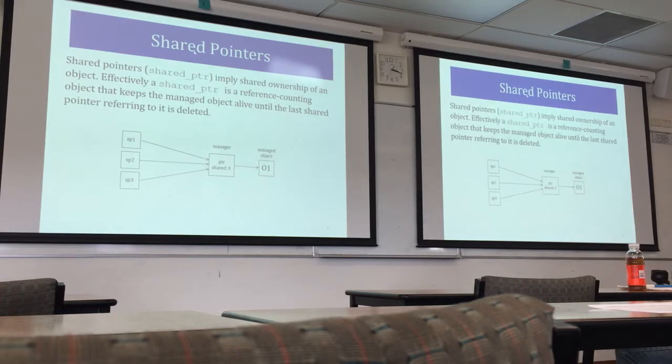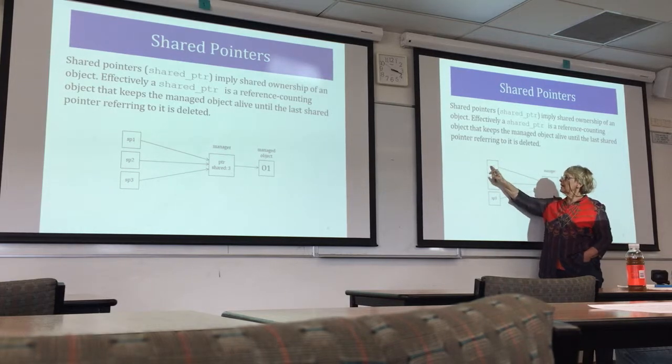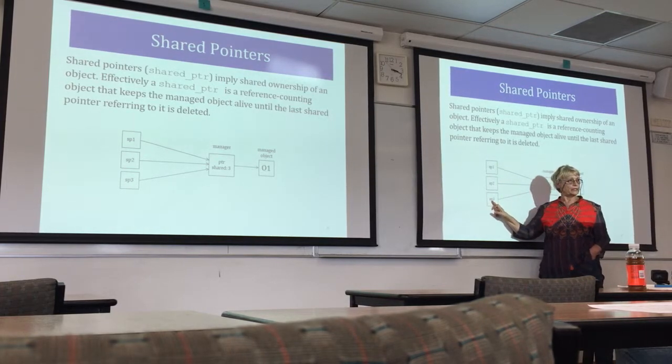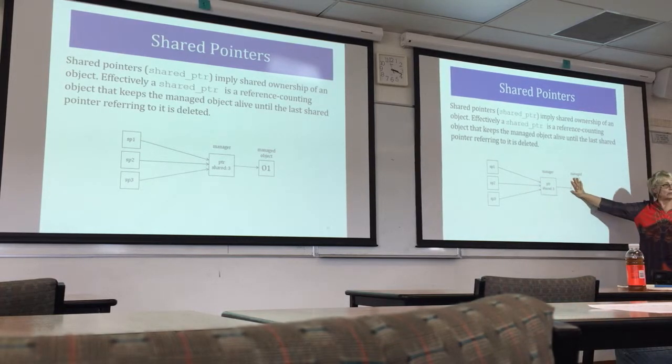In order to use them, you have to include the memory header file. And we have here a simple representation to let you know what goes on behind the scenes. Assume that we have 3 pointers which have to point to a single object. They share ownership of this.